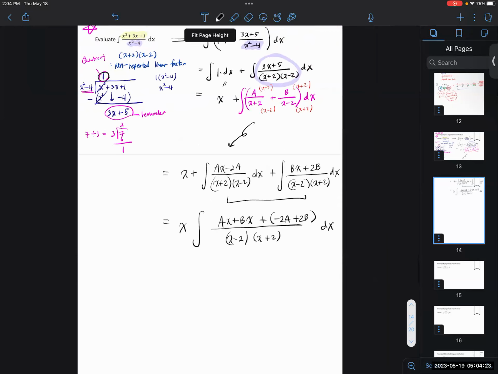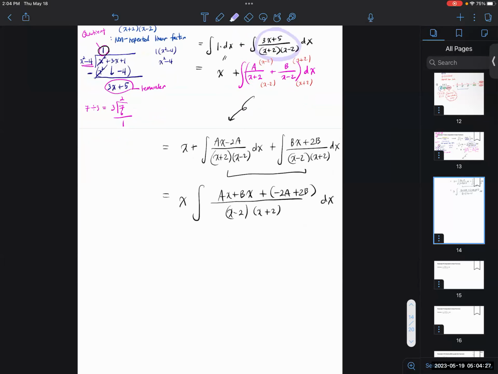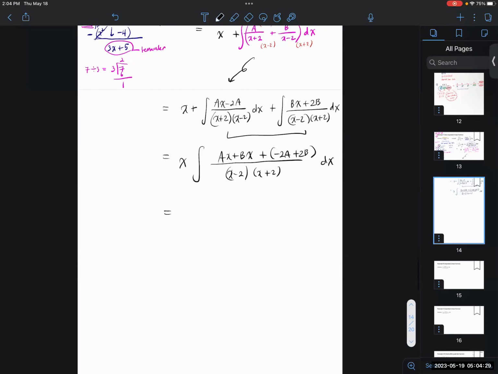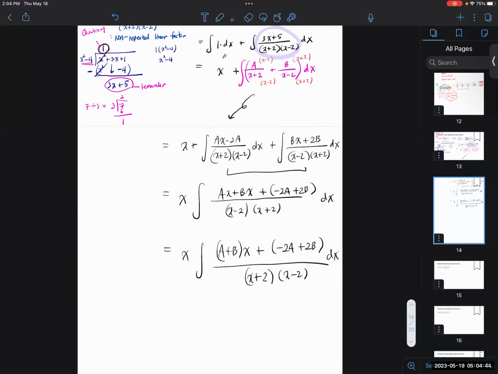So what does it mean here? These are your partial fractions, so I'm going to rewrite it: (a plus b)x plus (negative 2a plus 2b), over (x plus 2)(x minus 2) dx. So we know these are going to be the same as 3x plus 5. The coefficient of x is 3, and the constant is 5.